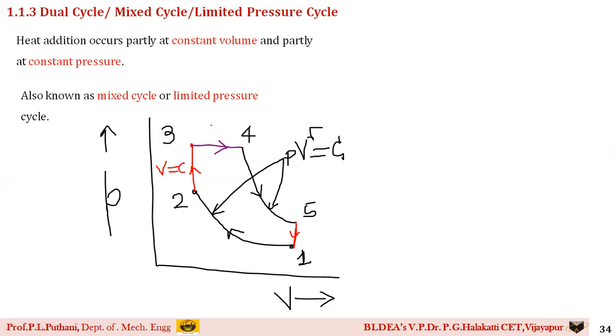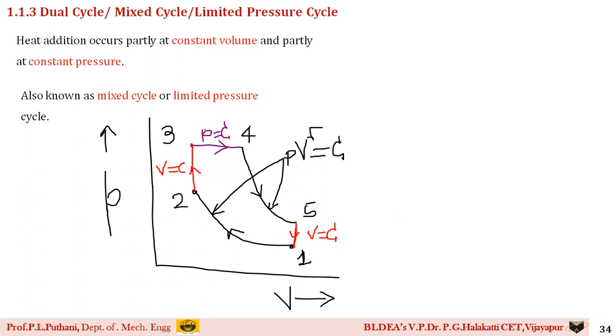The 3 to 4 process is a constant pressure process. And 5 to 1 is a constant volume process.